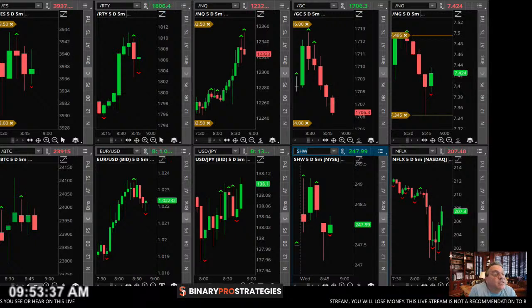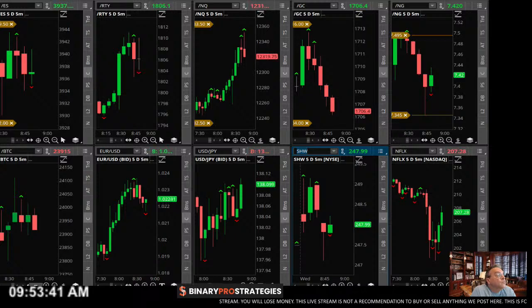That's going to put us on a HF1 buy right now on NQ. Reversal is going to be 122.70.